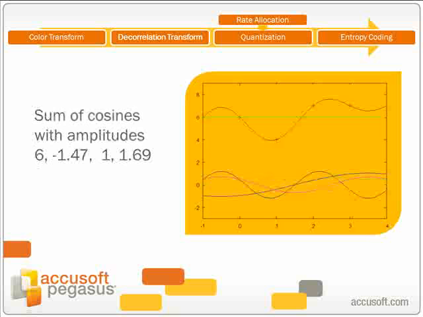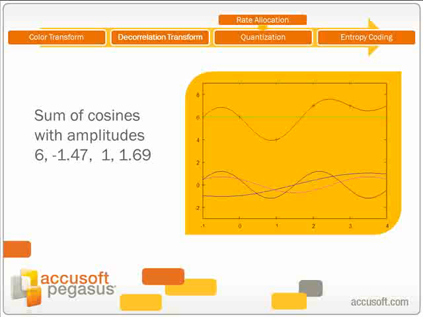For this sequence, that is 6, -1.47, 1, and 1.69. Basically, those values tell you how much of a certain frequency is contained in the sequence. The first value, here 6, is simply the average of all elements of the sequence, or, to express it in a more complicated way, it is the amount of zero frequency contained in the sequence.